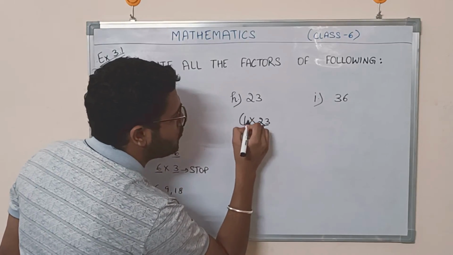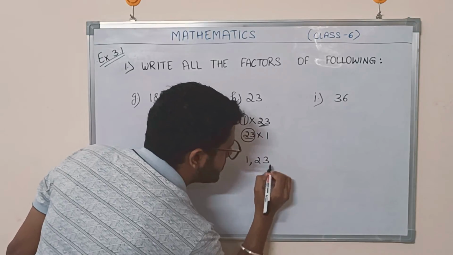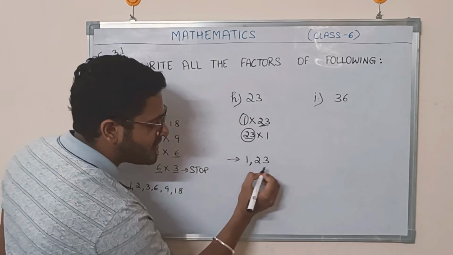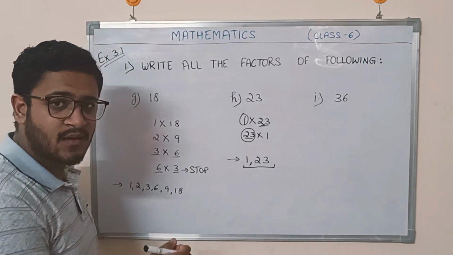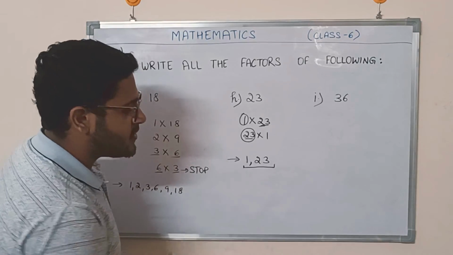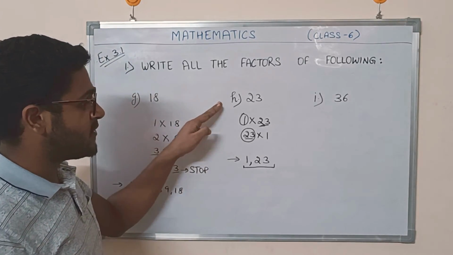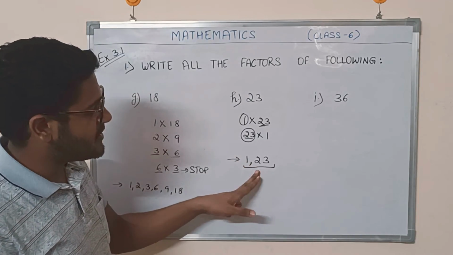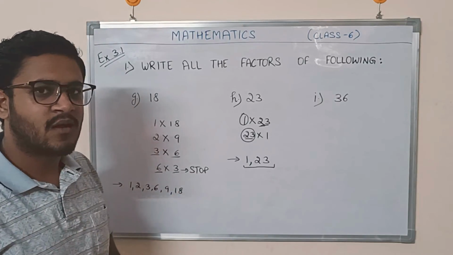Factors are 1 and 23. Okay. So here you can see there are only two factors. We will discuss this later: if a number has only two factors, one is 1 and the other is the number itself, what do we call them? We will discuss it in the upcoming videos.